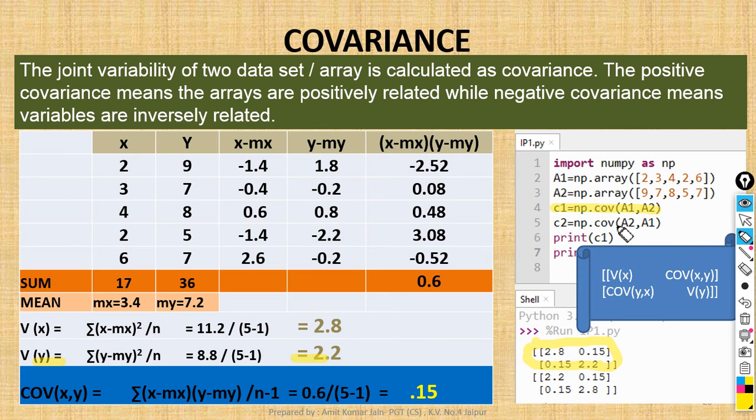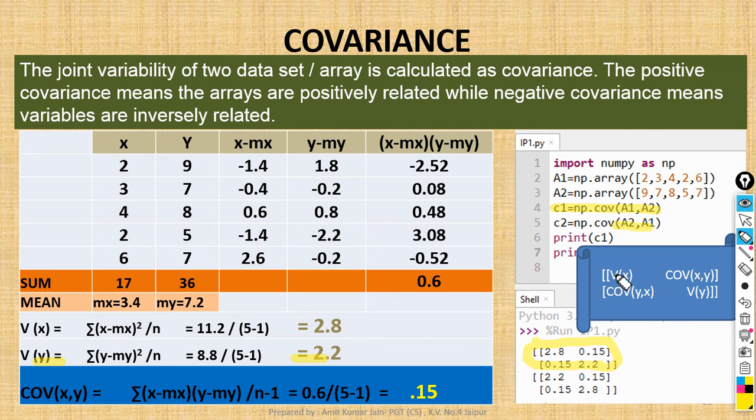If we apply the covariance method between A2 and A1, not A1 and A2, here we are writing A2 comma A1, then the result will be reversed.